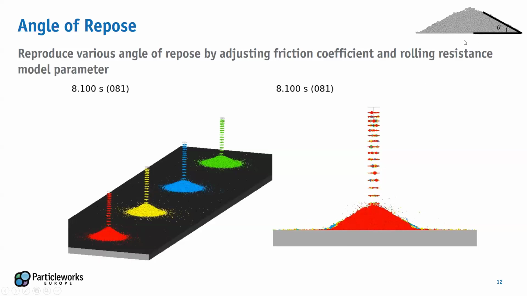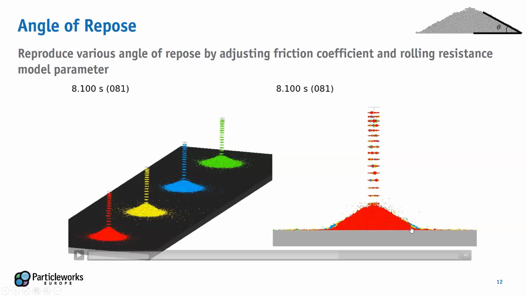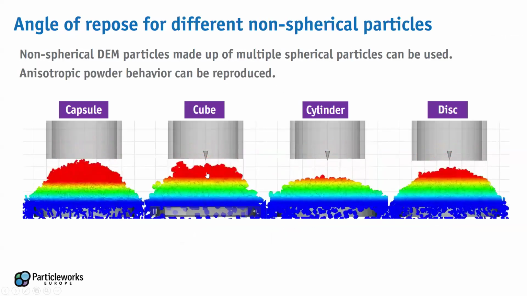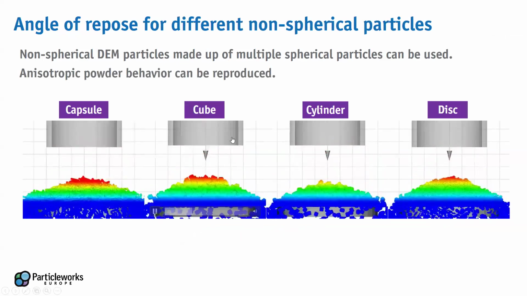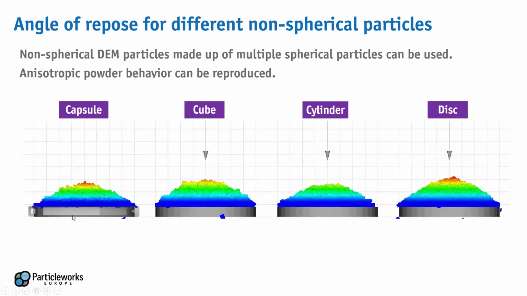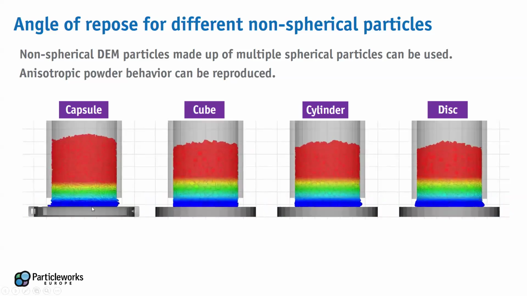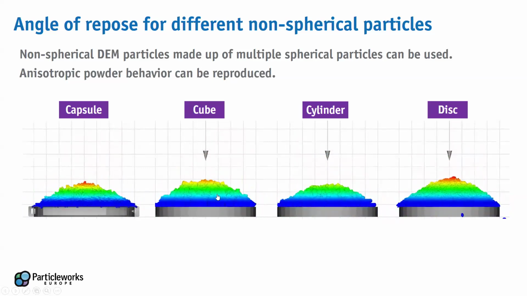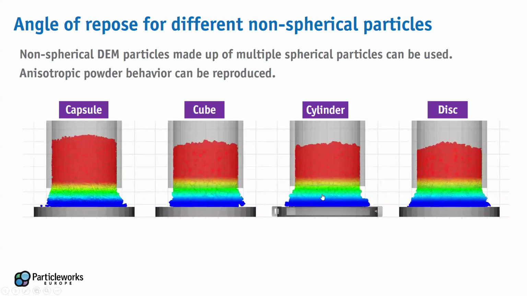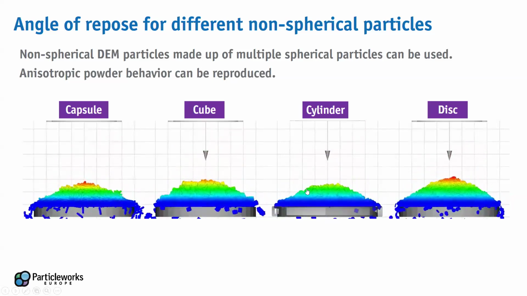So to achieve, for instance, different angles here, as you can see, depending on the friction coefficients between the particles. And it's interesting to see the angle of repose also influenced by the shape of the particles and the final shape of this accumulation of powder or solid elements.